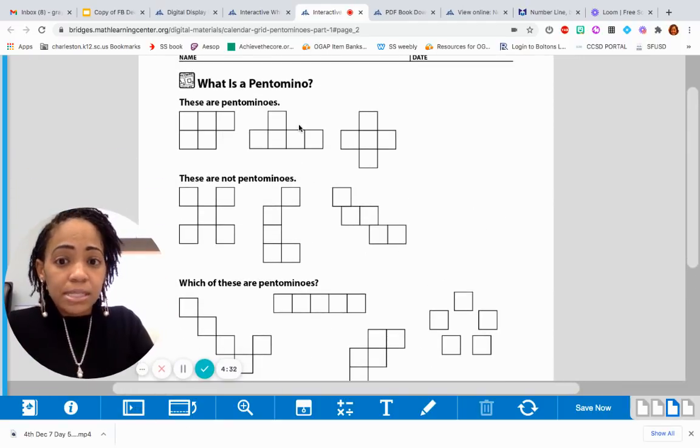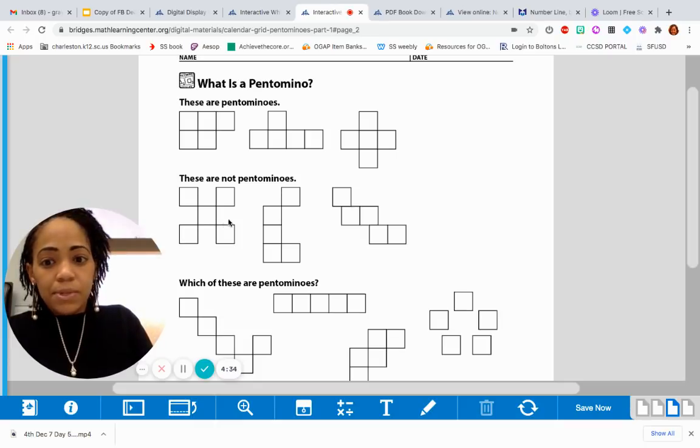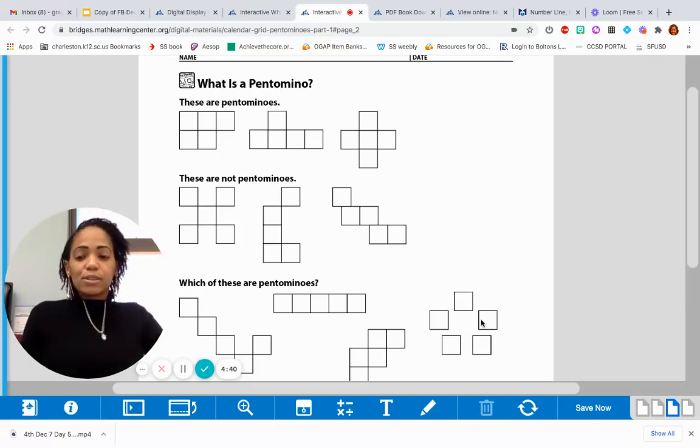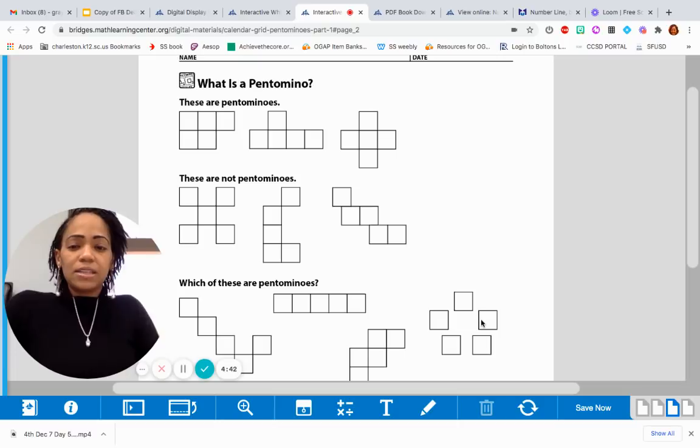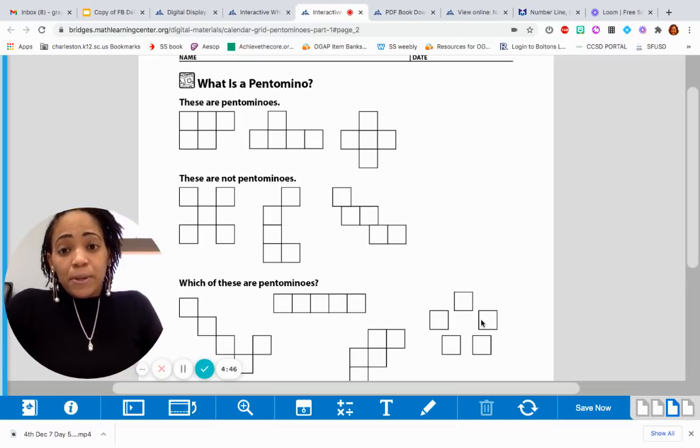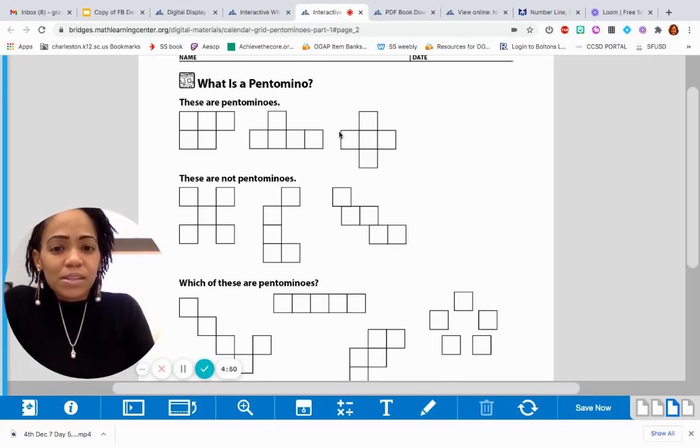So these are pentominoes. These are not pentominoes. Obviously, this is a space here, space, space, space. Some spaces going on. So just take a second to study that and see if you can come up with a definition for a pentomino. And if maybe you can't come up with a definition, at least figure out what's similar with these that's different with these.